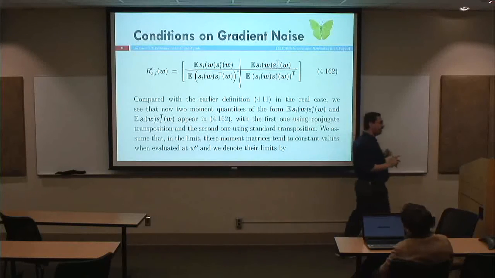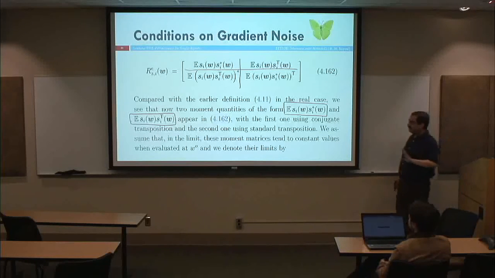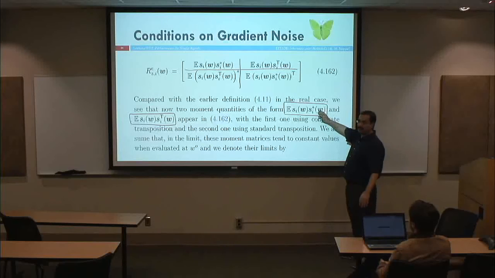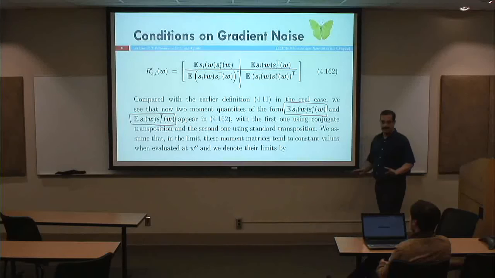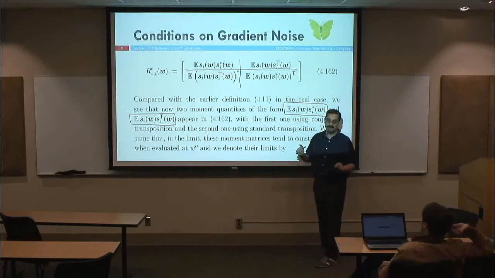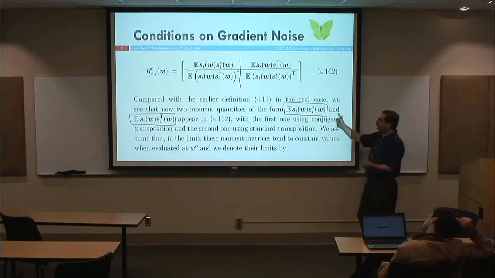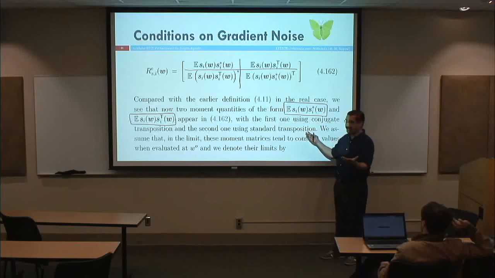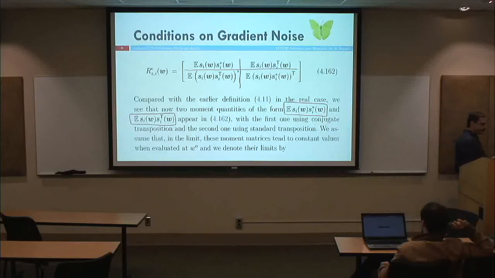So now two quantities appear: the standard covariance matrix, and this other term which is not a covariance matrix. The first one is Hermitian and a covariance, and therefore non-negative definite. The second one, all you can say about it is that it is symmetric, but it appears. So now the performance will depend on these two quantities, not just on the covariance of S. Of course, in the real case, both of these quantities are the same, so only one of them appears, but in the complex case, they are different.